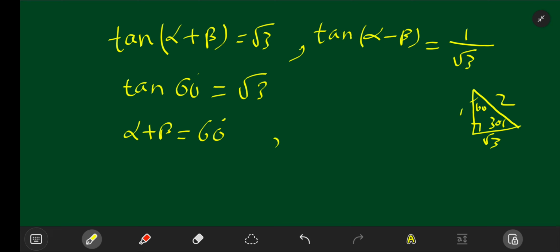Next, from here also, tan 30 degrees is equal to 1 by root 3.